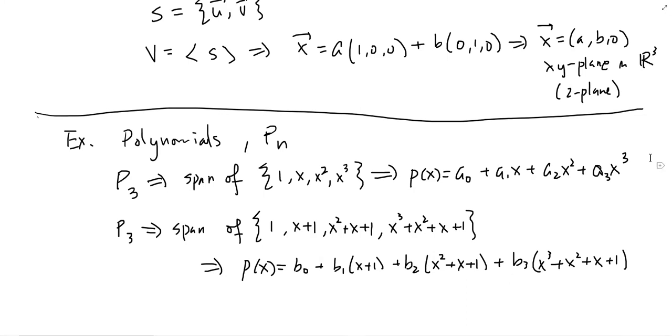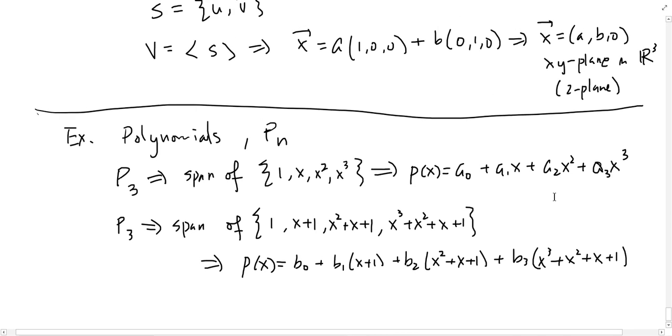See, it's easy to see that the first one would always work, because I can just pick any number for a sub 0, a sub 1, a sub 2, and a sub 3 to fit any polynomial, meaning I can arbitrarily find any polynomial.